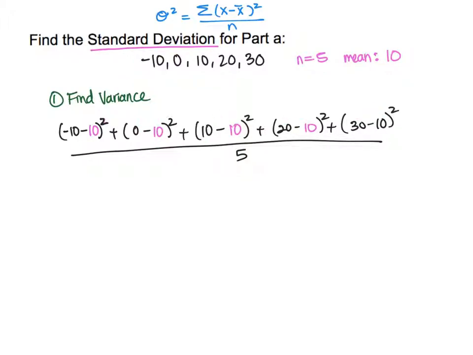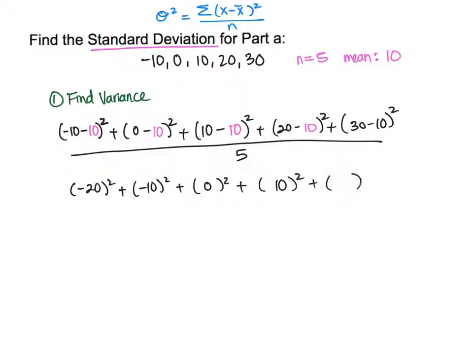So if I take -10 subtracted by 10, I get -20 squared. If I take 0 subtracted by 10, I get -10 squared. If I take 10 and I subtract 10, well, that's just 0. That's nice. 20 minus 10 gives me 10.